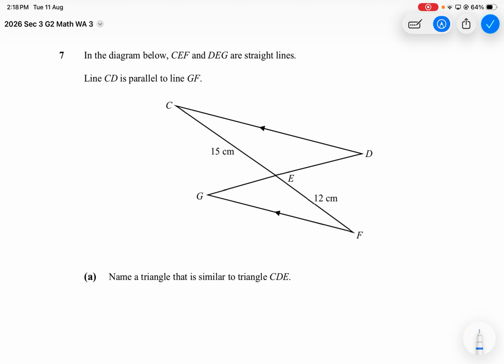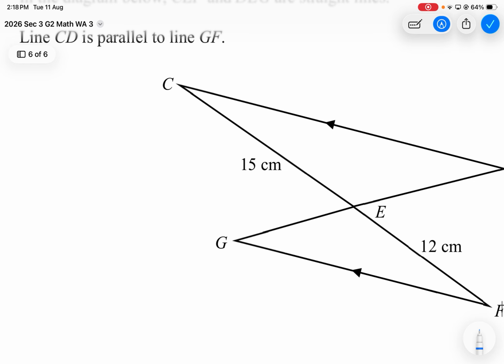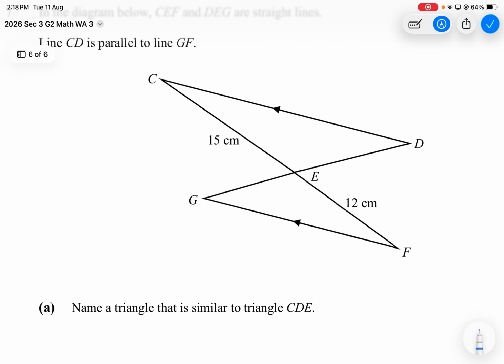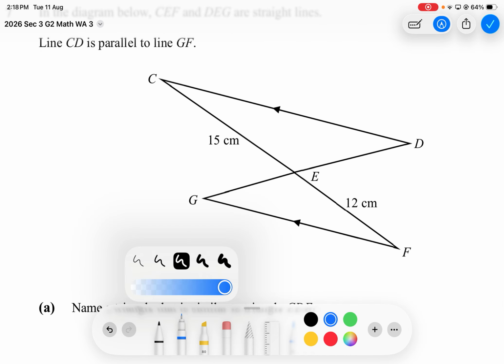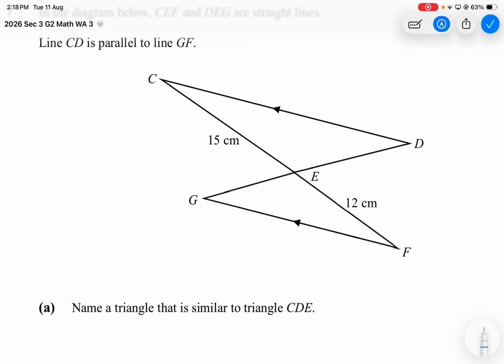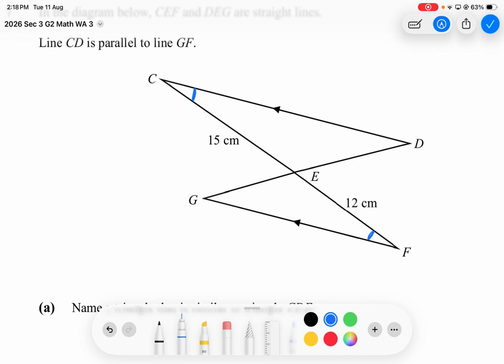Revision worksheet, I told you before. Parallel lines, your alternate angles. Angle C is alternate angle with angle F, so they are the same angle. Angle D is alternate angle with angle G, so the angle is the same.